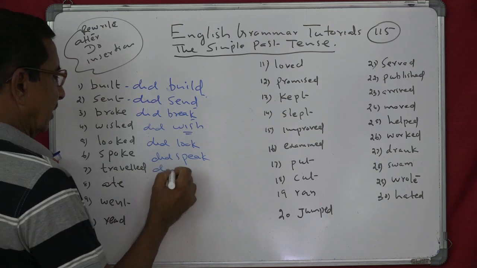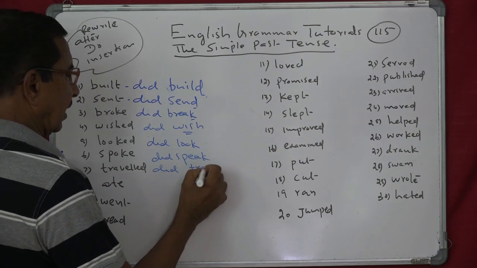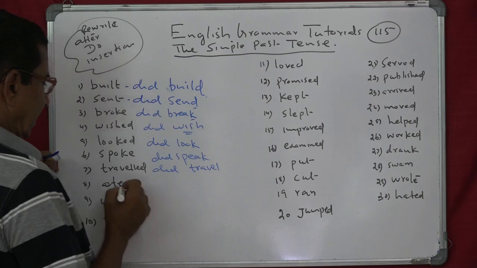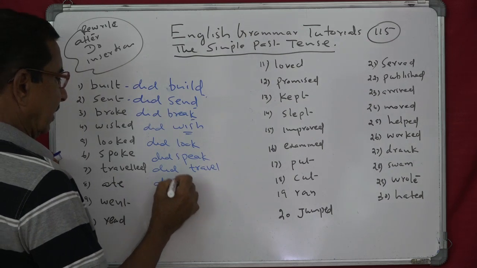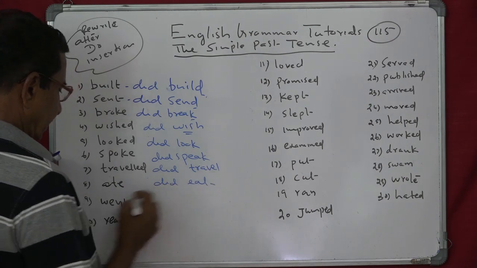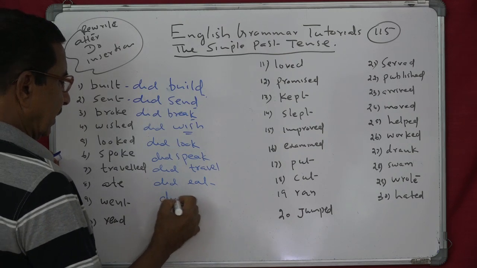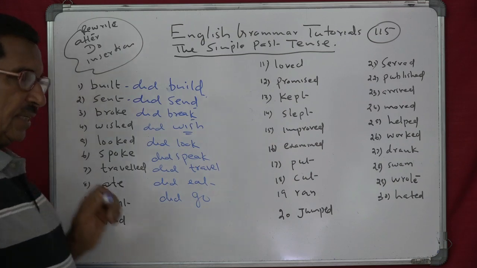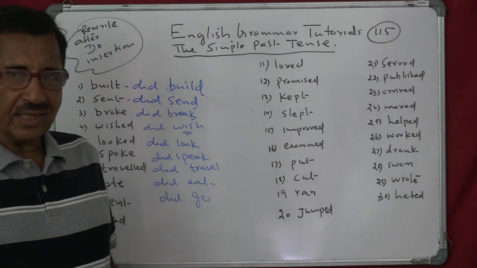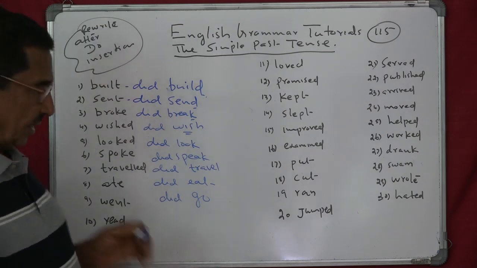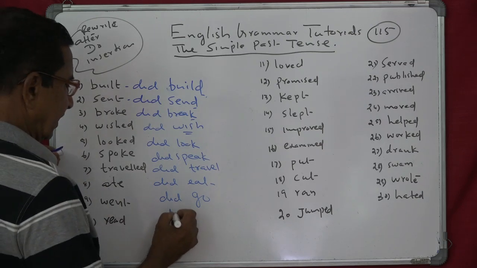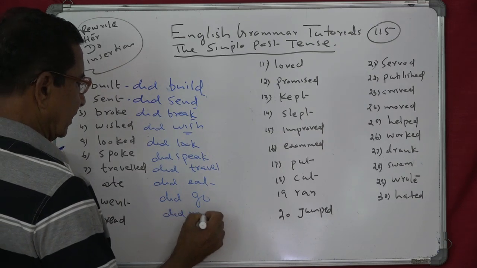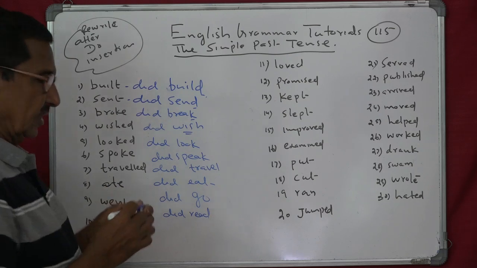Travel, did travel. Ate, did eat. Went, did go. Read: past tense and present tense have the same spelling, so did read, with a different pronunciation. Did you see that?